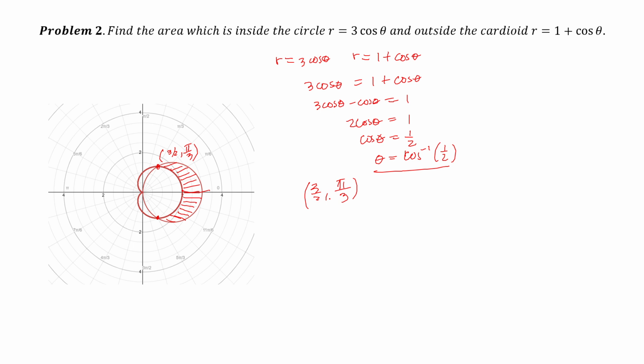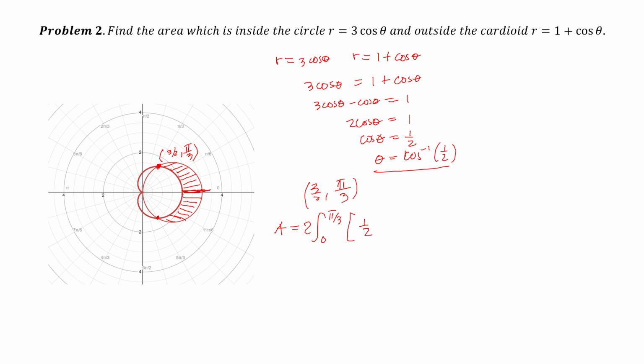So we have now from 0 going to the intersection, which is pi over 3. The area now, since this is symmetrical, we're just going to multiply by 2, from 0 to pi over 3, and this is 1 half.